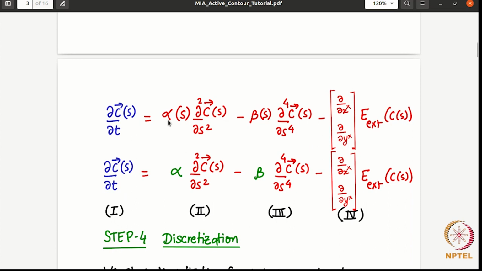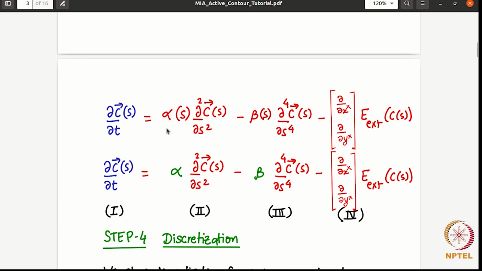Here, alpha and beta are the two parameters that determine the elastic and bending properties of snake, and here these parameters are function of S, but we assume that these are constants.